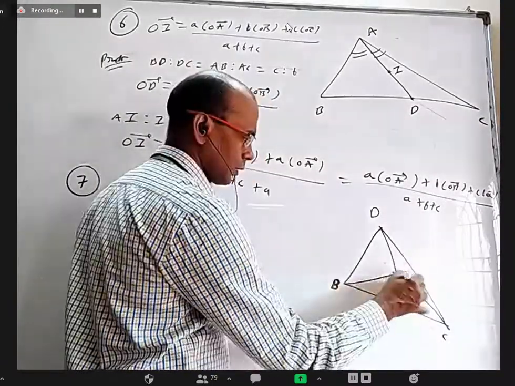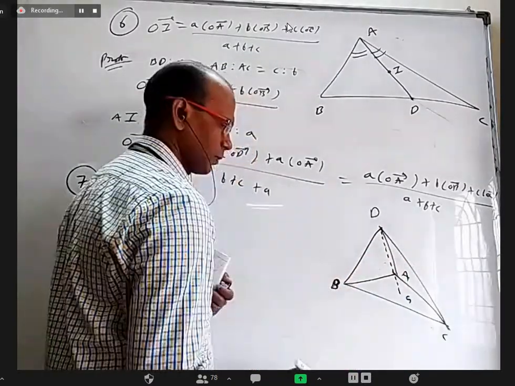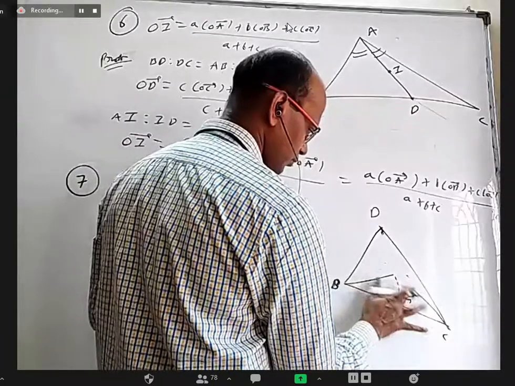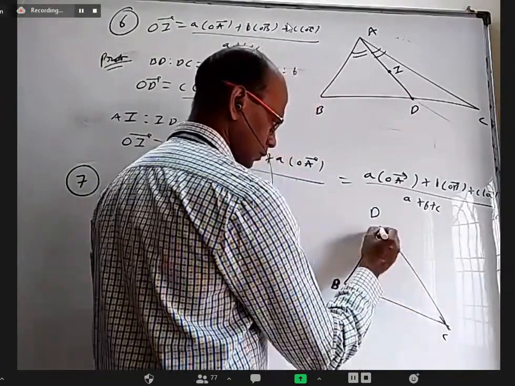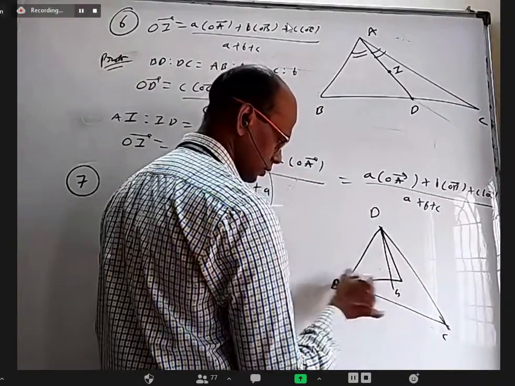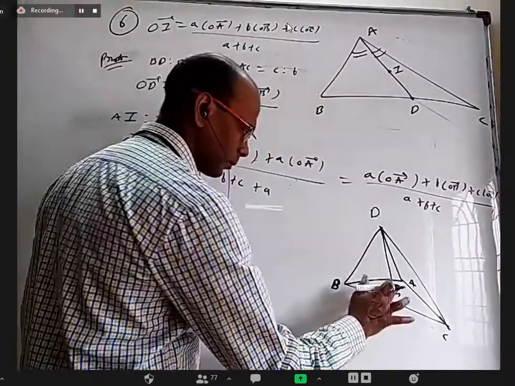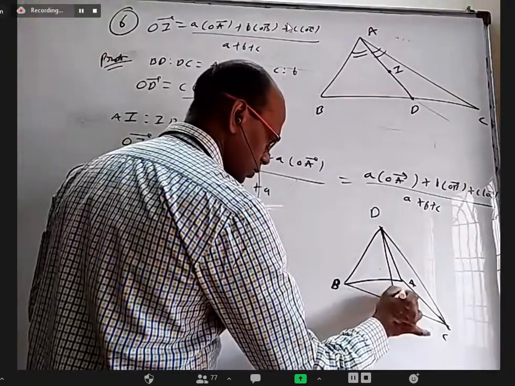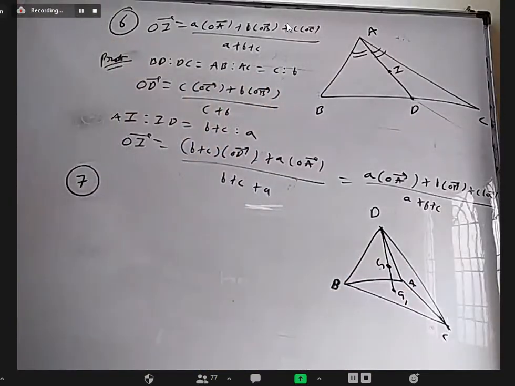I'll call it G. And when you join D and G, somewhere on that, let me show G somewhere here and A somewhere here. So this I can call G1 and the actual centroid of the total I can call G.